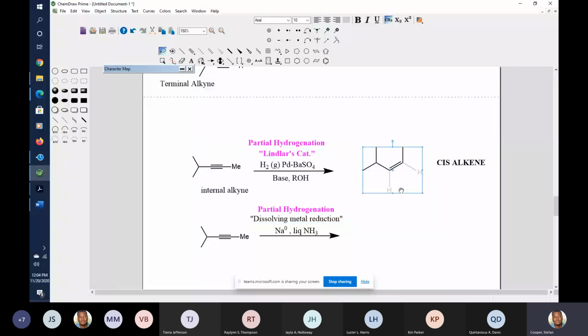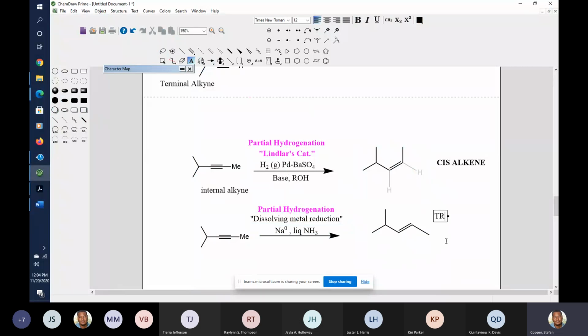So my product from this, someone did give me a pretty helpful discussion here. Actually, let's just delete this real quickly. All right, now my alkene product is going to look like this. It's trans, right?